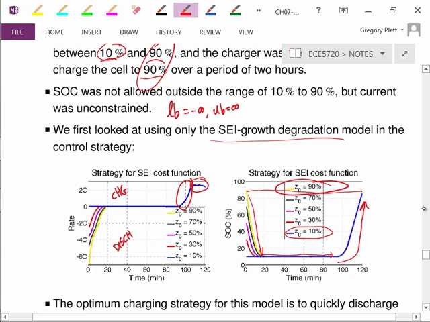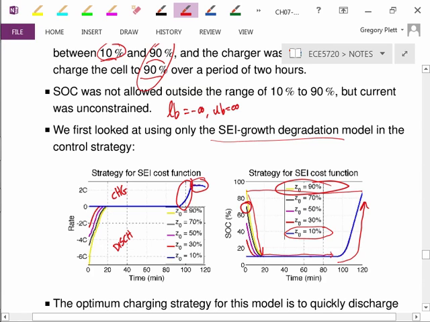Because in a real life situation, we might not know that I have exactly 2 hours to charge a battery cell. So when I plug in at night, maybe most nights I have 8 hours or 10 hours or some length of time to charge before I'm going to use the vehicle again. But what happens if I have a middle of the night emergency? I plugged my car in and it was maybe 70% when I plugged it in.